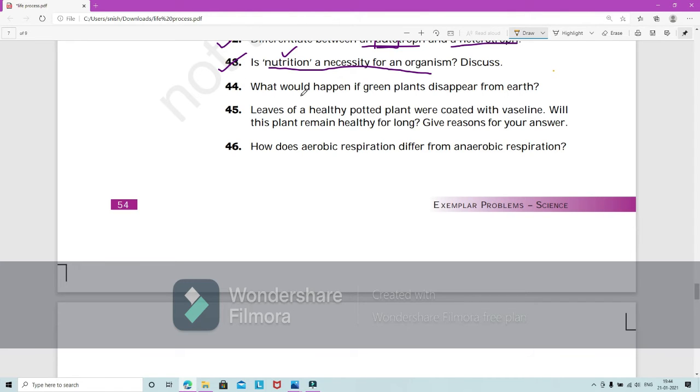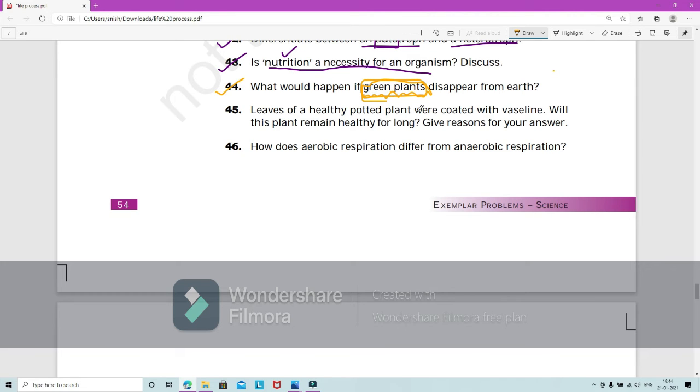The food chain will get disturbed, right? By removing any organism from a particular trophic level, the entire food chain gets disturbed. You can also say that green plants are the only organisms that can prepare their own food, so if they disappear, everybody is going to be affected.